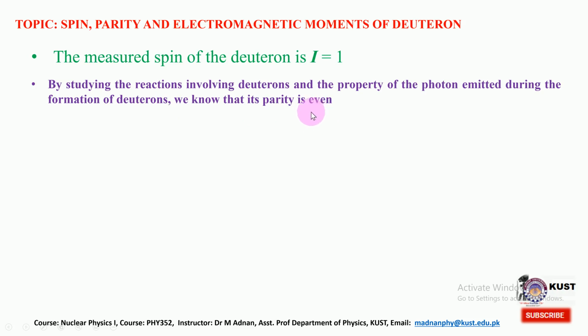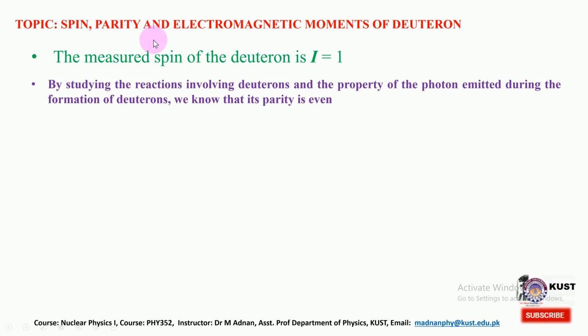So, if you remember, in the last few lectures we have discussed these aspects of the nuclei: the spin, the parity, the electromagnetic dipole, and the electric quadrupole moments regarding the various nuclei.